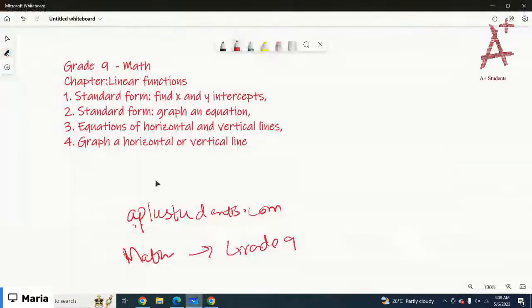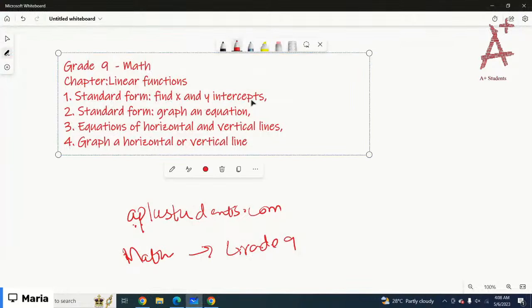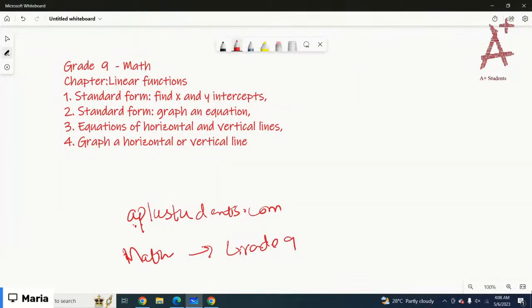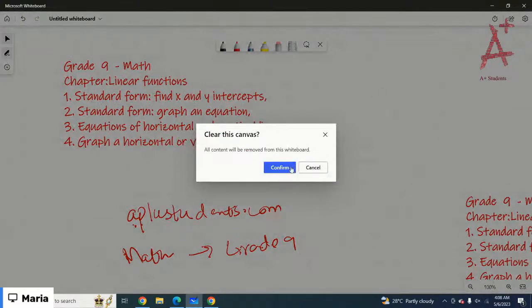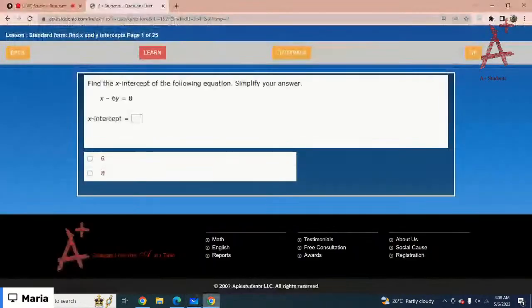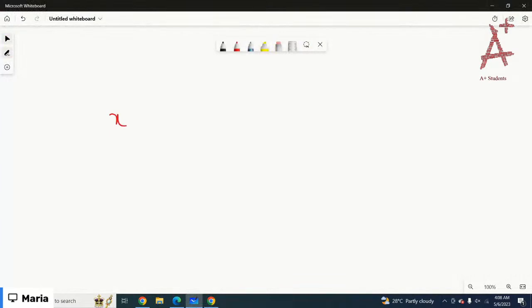The equation is x minus 6y equals 8. You have to calculate the x-intercept. Whenever you have to calculate the x-intercept, you need to put y equals 0 in the equation.